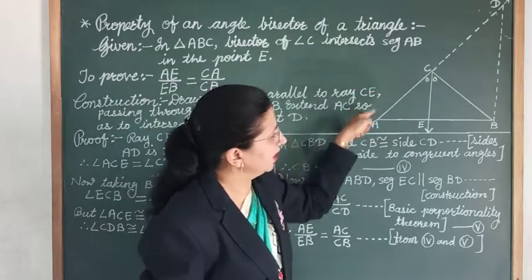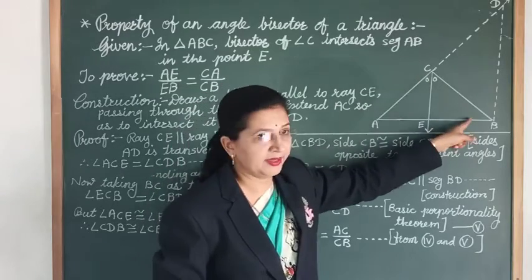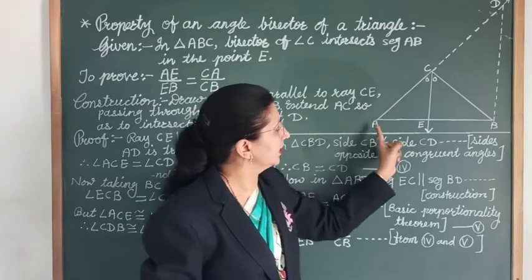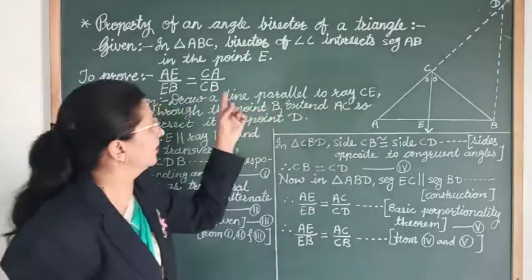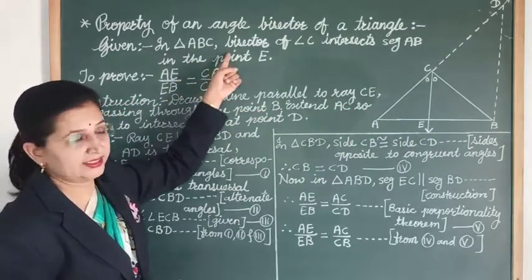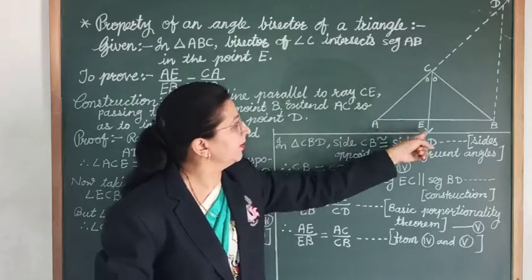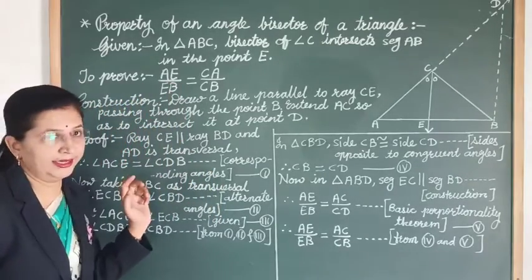In a triangle ABC, the bisector of angle ACB, that is ray CE, intersects the side AB at point E. So that only we have to write in the given. In a triangle ABC, the bisector of angle C intersects AB at point E.